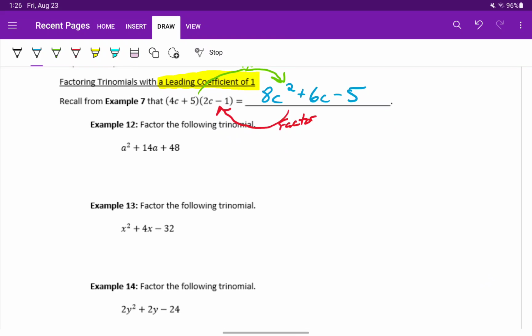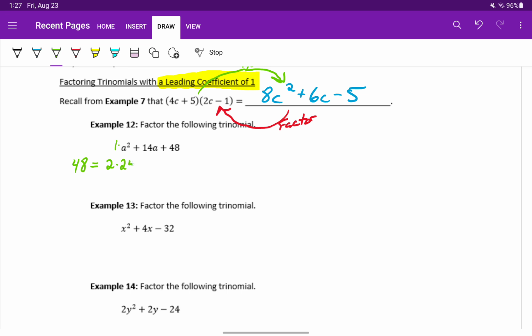So we'll start with factoring a squared plus 14a plus 48. Since our leading coefficient is 1, that's a key for our technique in these next few examples. What we want to do is look at that value for the constant at the end of our polynomial and list out its different factors, two different numbers that we can multiply together to get 48.